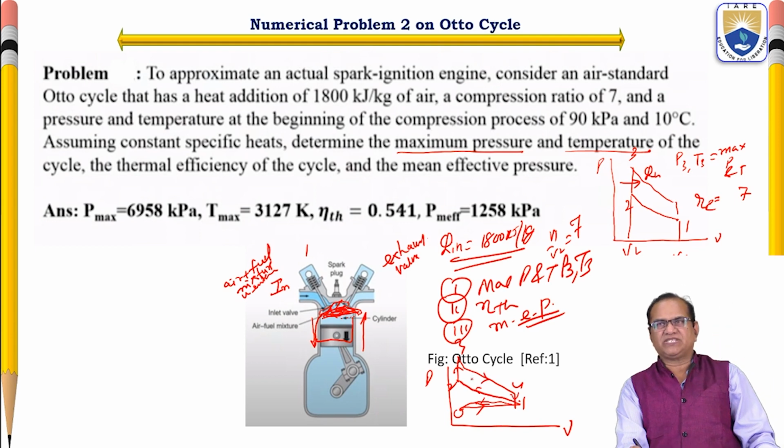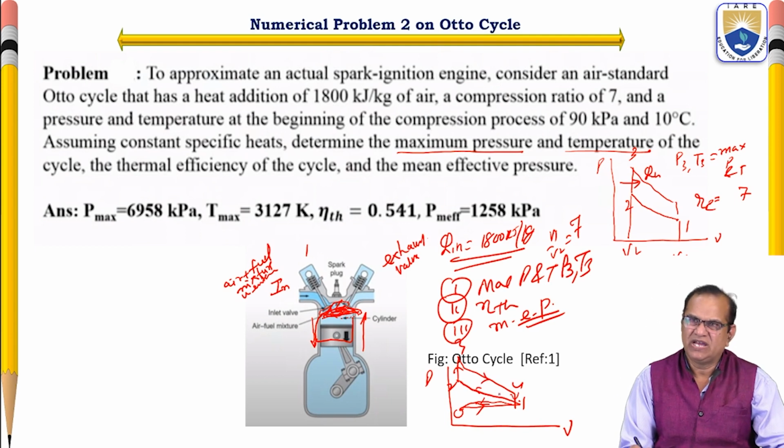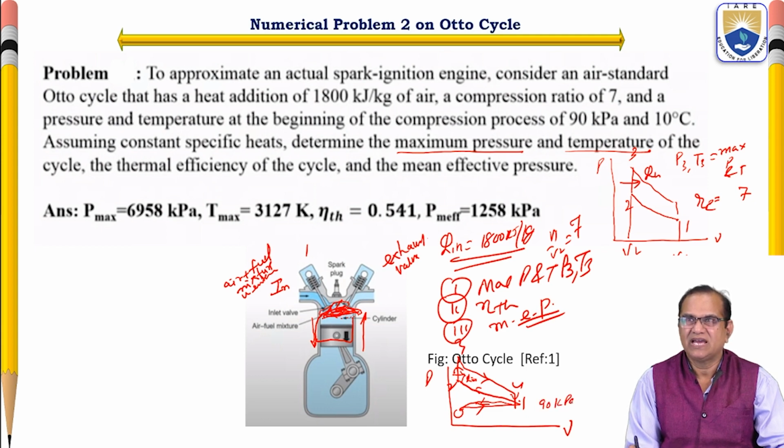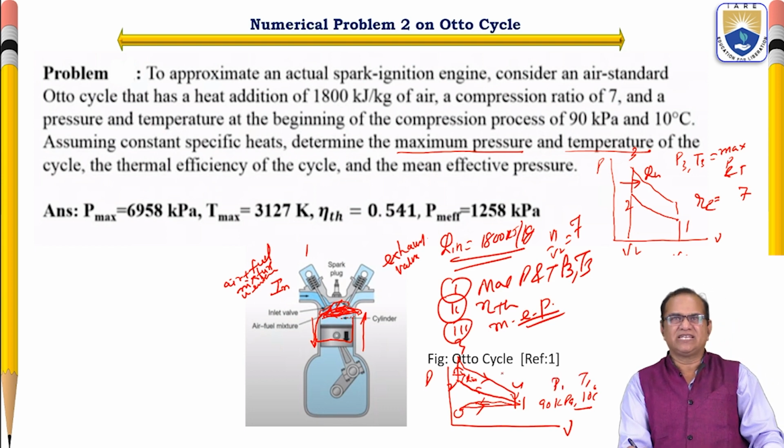Compression is from 1 to 2, and from 2 to 3 heat is added, Q in. The first condition is also given, 90 kPa and 10 degrees centigrade, so P1 and T1 and this heat are given.